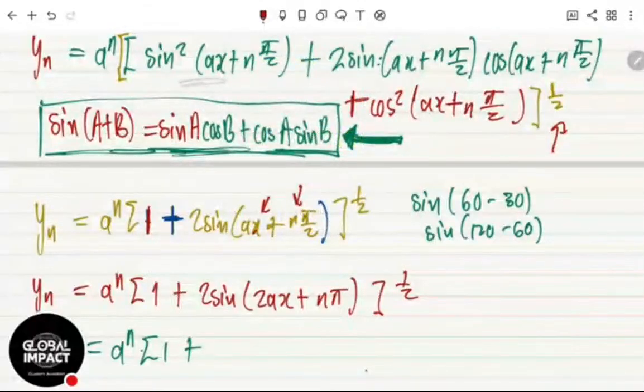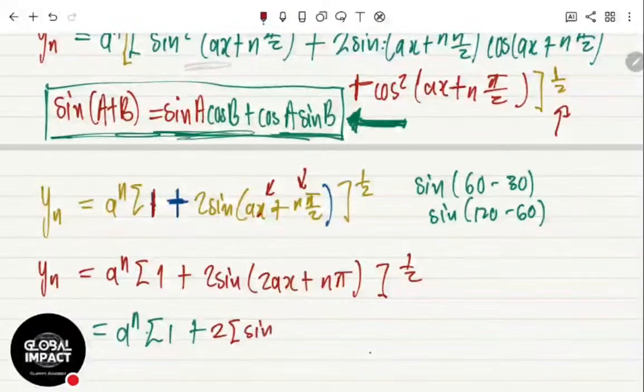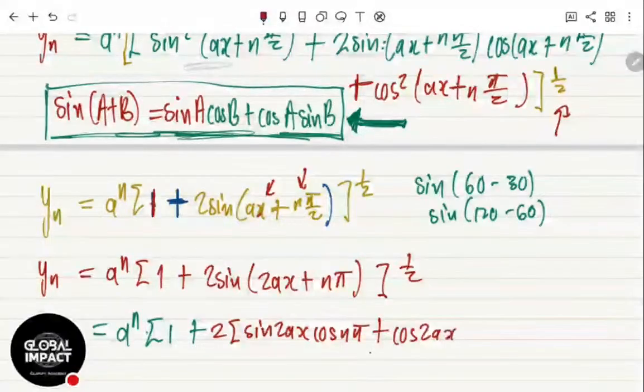You need them. So in here, you're going to have 2 sine of, remember we made it, 2 is outside. Let's do the addition. It'll be sine 2ax cos n pi plus cos 2ax sine n pi, all multiplied by 2, then raise the power half.